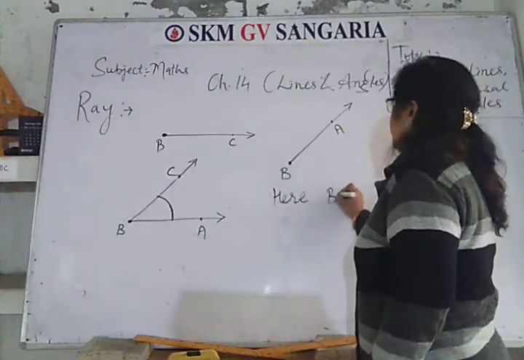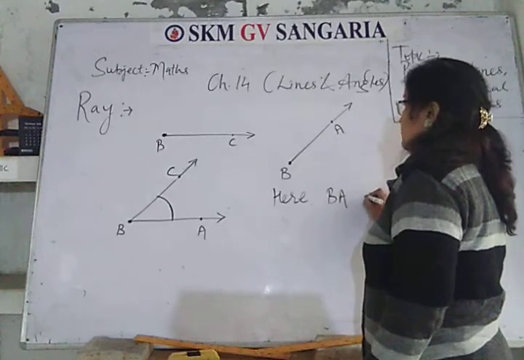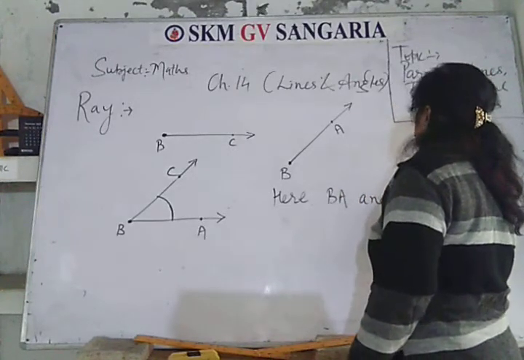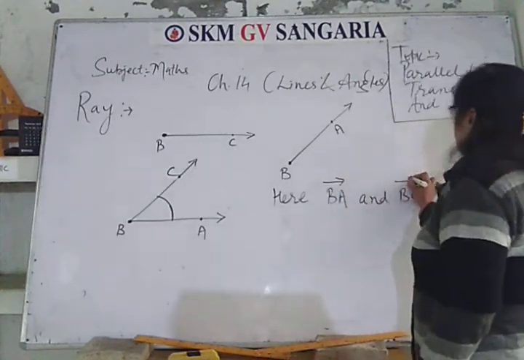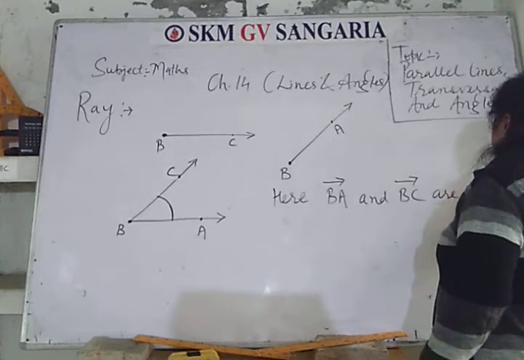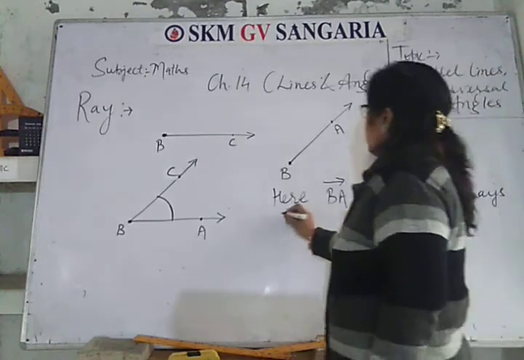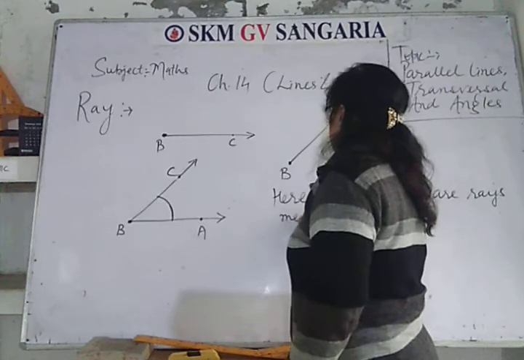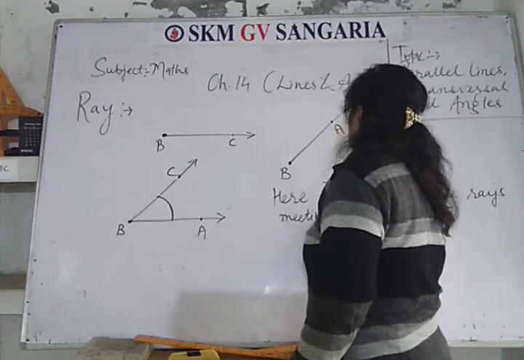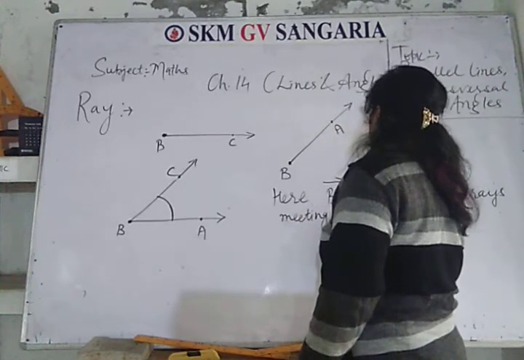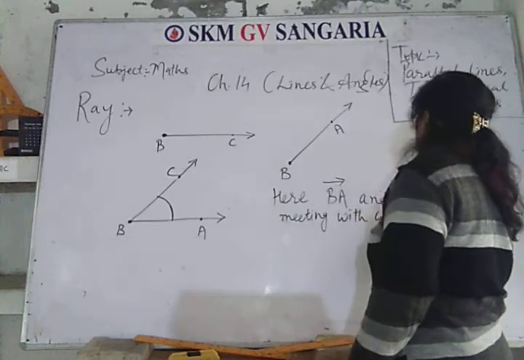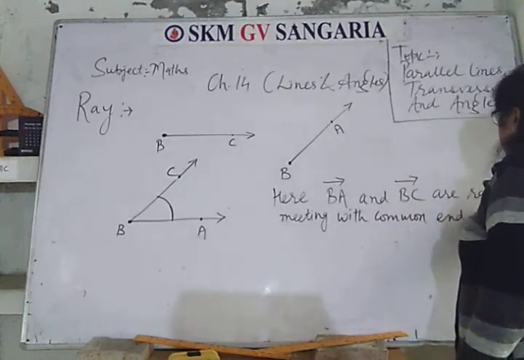Here BA and BC, this is the symbol for ray, are rays meeting with common end point B.